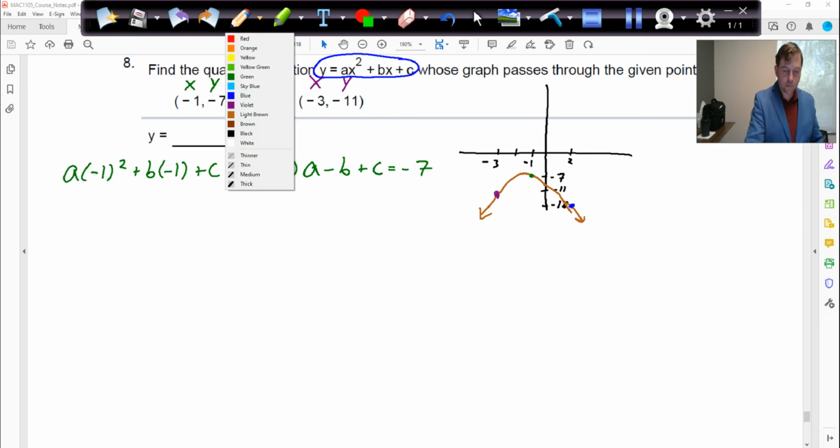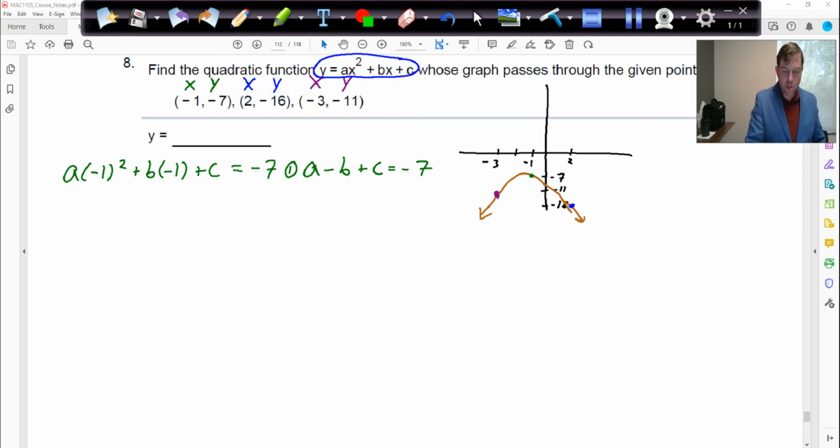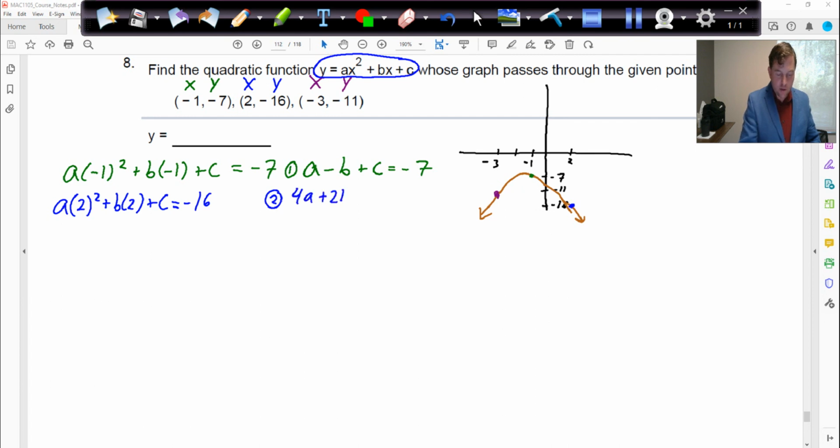Okay, equation 2 will look like this: a times, now x is 2, so 2 squared, plus b times 2, plus c equals y, which is minus 16. If we expand that out, we get 4a plus 2b plus c equals minus 16.